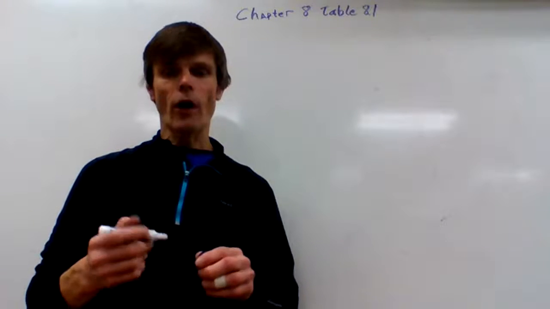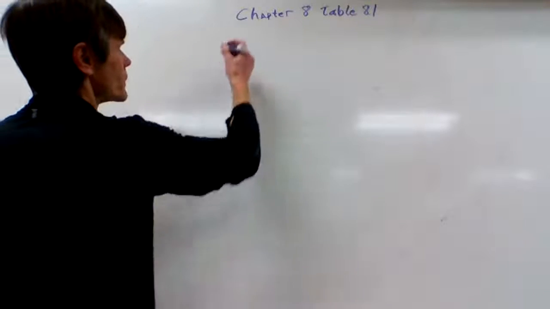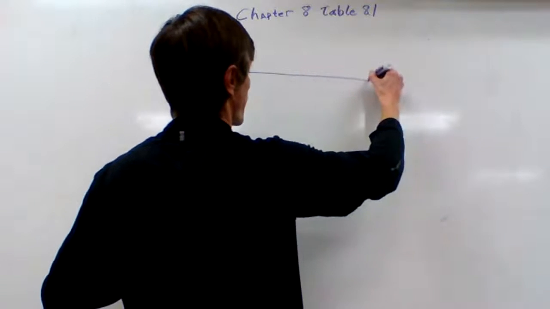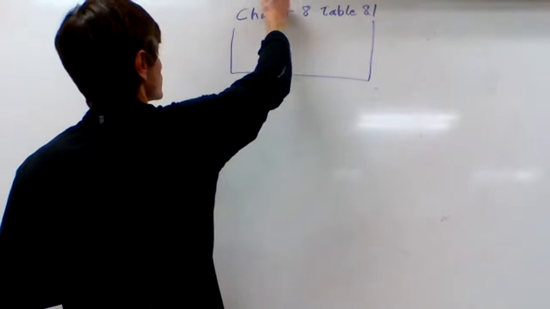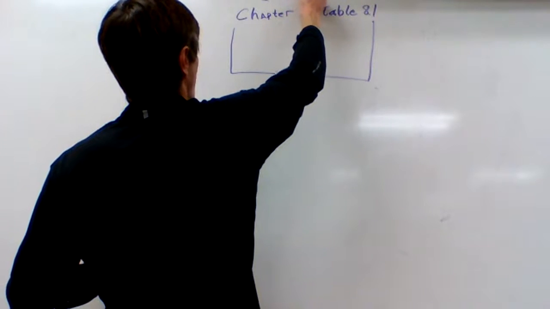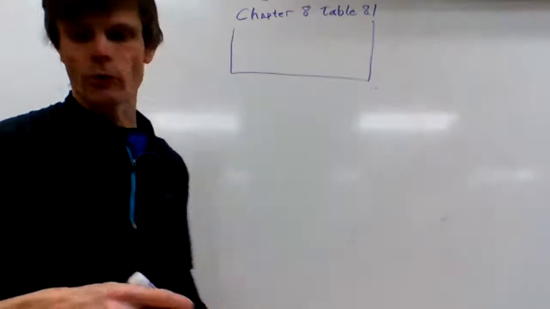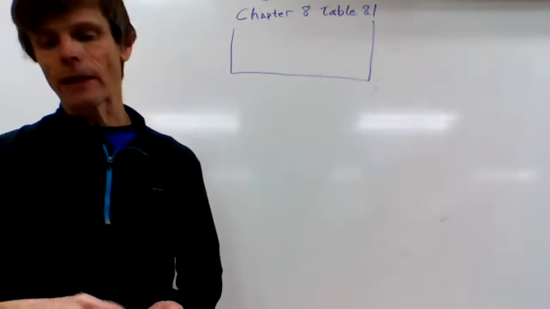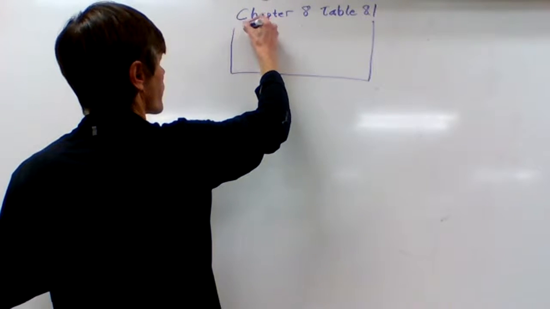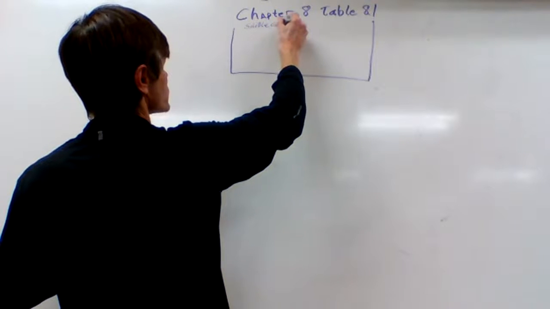Now on this table that you have, you're going to use it as follows. If you look at a table of solubility rules, these are solubility rules. Let's know how to use them. They give you a list of soluble compounds.